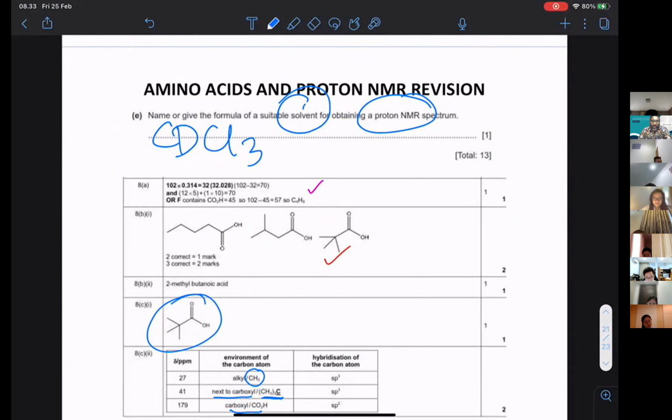If they ask you to name and give the formula of a suitable reference compound, it is tetramethylsilane, Si(CH3)4. That's the reference compound.